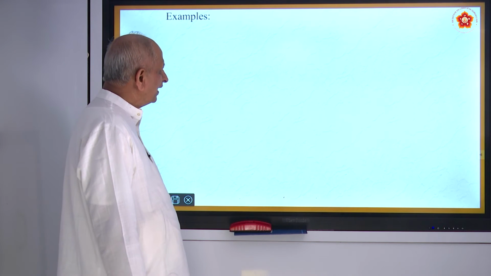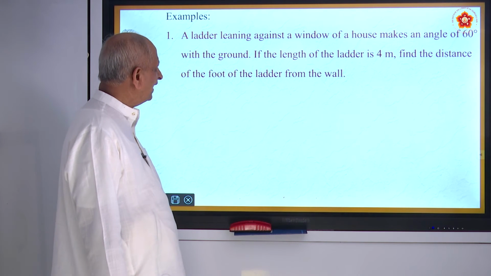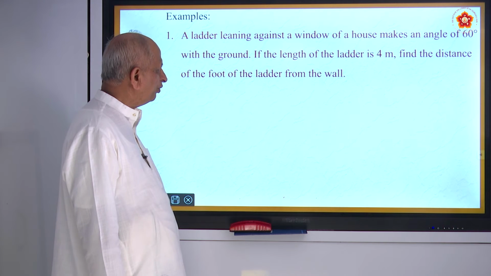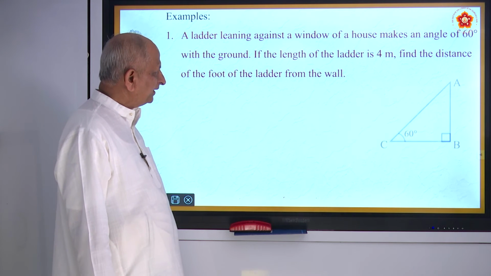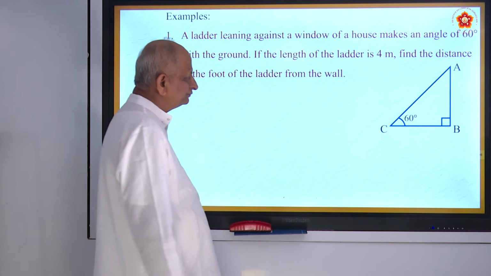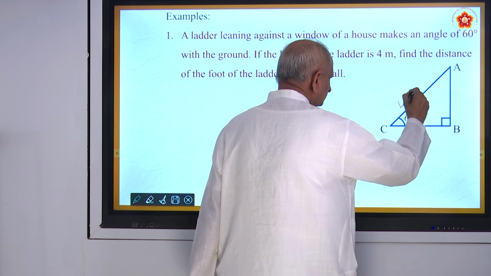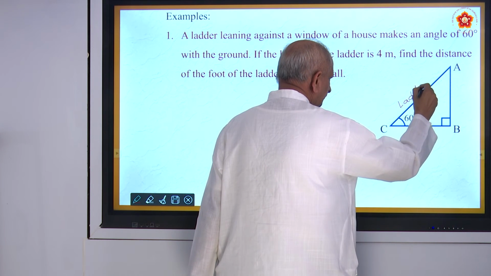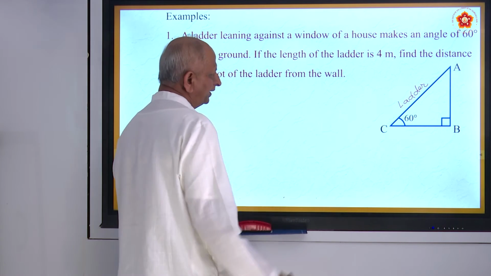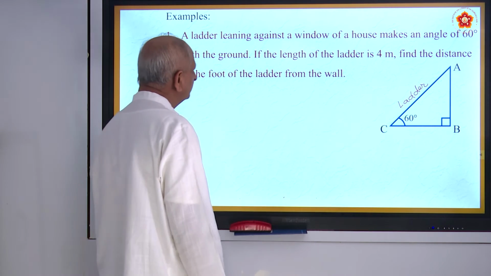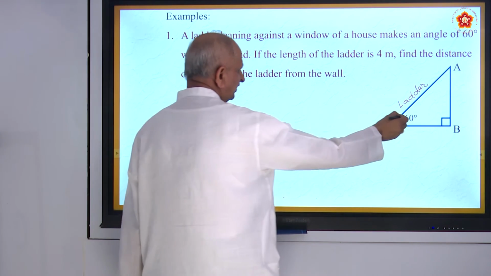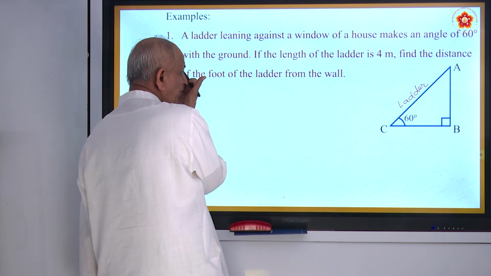And the first question is: a ladder leaning against a window of a house makes an angle of 60 degrees. So this is a ladder. Here is a person, and it makes an angle of 60 degrees with the ground.